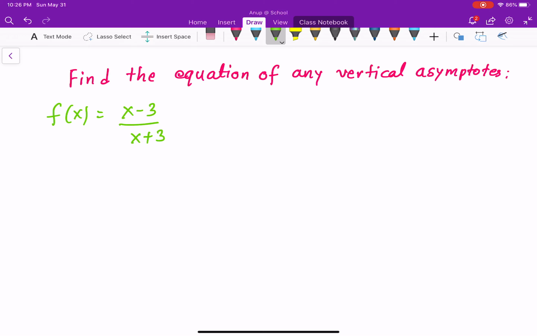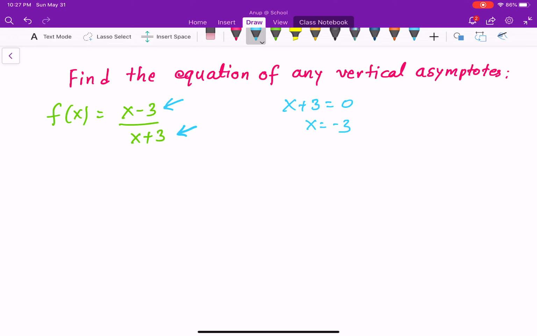As we have discussed earlier, to find the vertical asymptote of a rational function, first of all we check if they have any real zero in common. On this rational function, the denominator polynomial has the linear factor x plus 3, and the numerator is x minus 3. The denominator will be 0 whenever x plus 3 is equal to 0, that means when x is equal to -3.